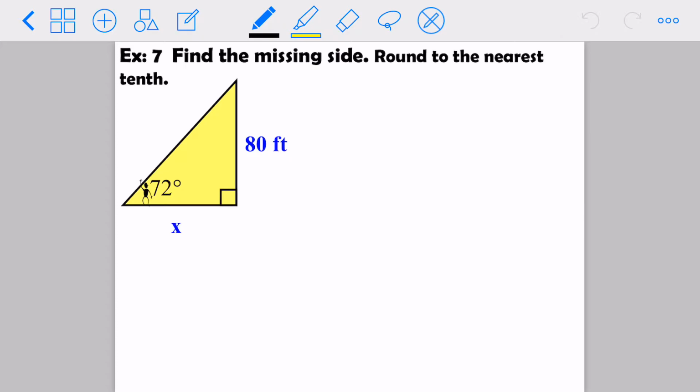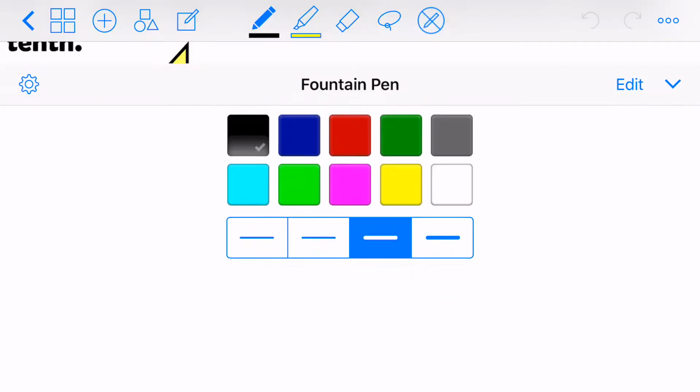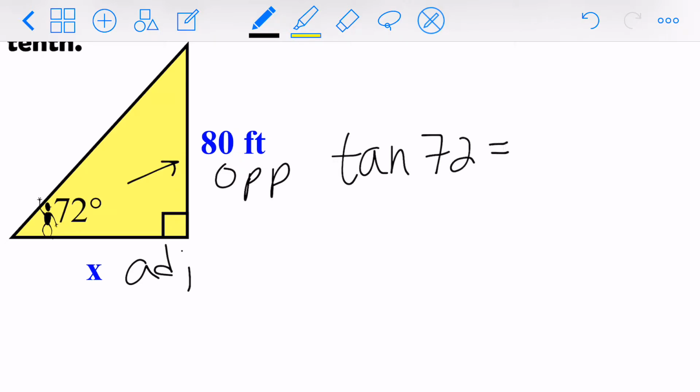Okay, so find the missing side, round to the nearest tenth. So this time we're given opposite and adjacent again, so I just put tan because that's what we're going to have to use. So we have tan of 72 is equal to the opposite, which is 80, over the adjacent.